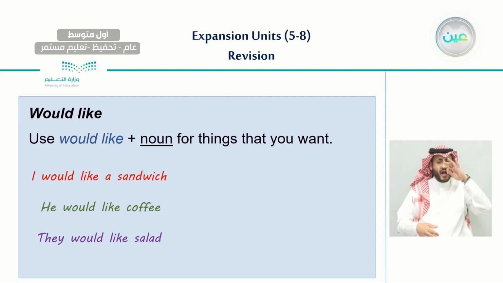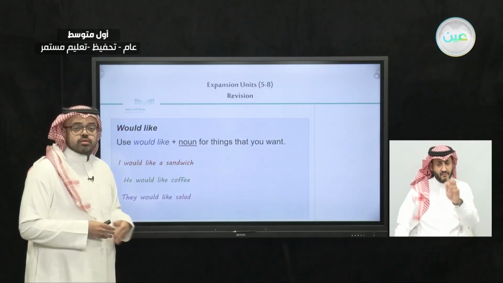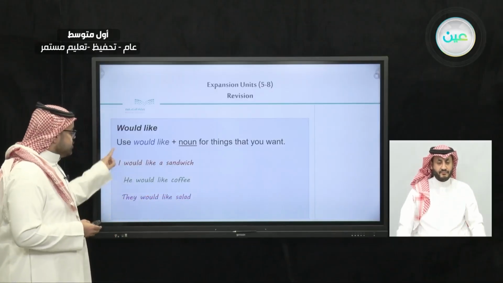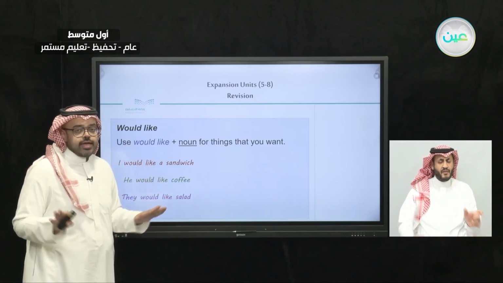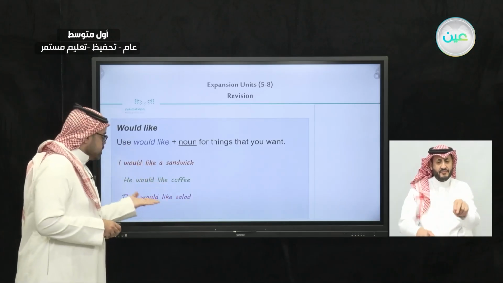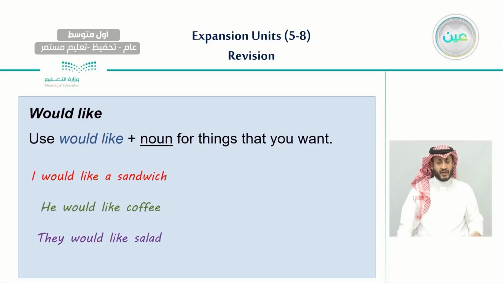Here too, after would like, we have used a noun. And also, they would like salad. Again, with all subjects, we use the same verb without adding or changing anything. And what comes after would like is always a noun, not a verb.